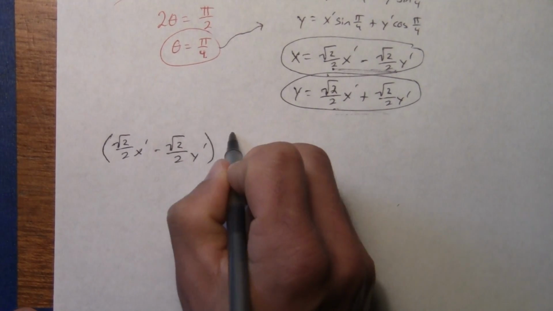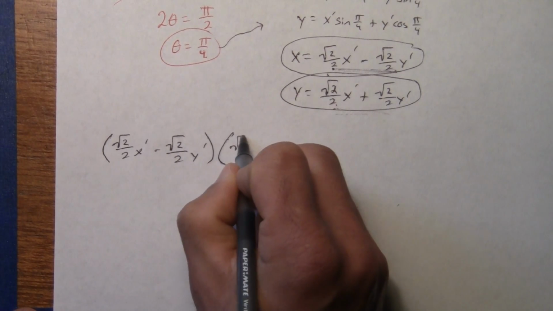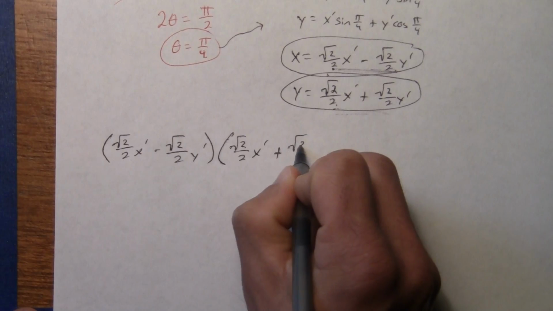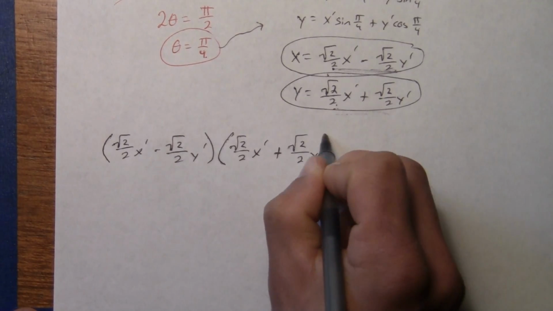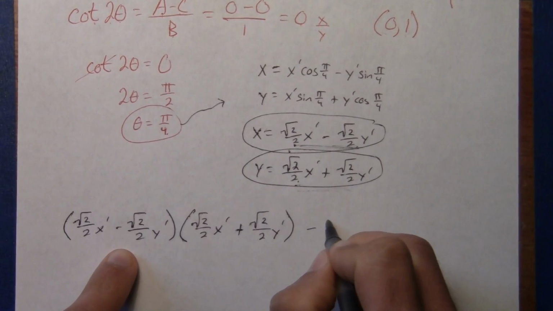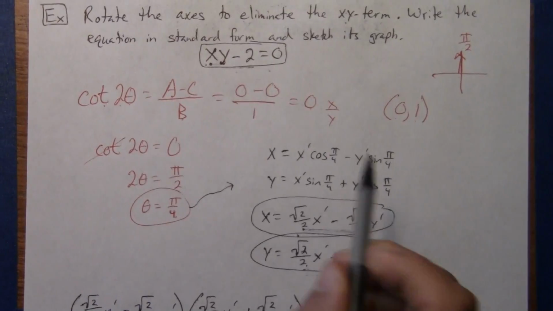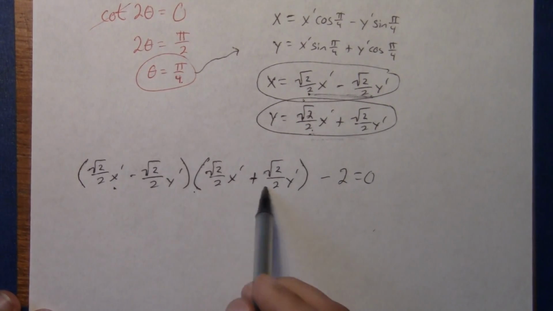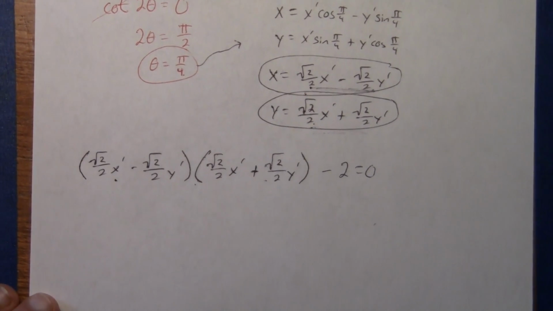There's x, times y. Here's the y substitution. It's square root of 2 over 2 x prime plus the square root of 2 over 2 y prime. So there's x times y, and now I still have minus 2 equals 0. So all I've done is I've gotten rid of my regular x's and y's, and I've changed them into the x prime y prime system.